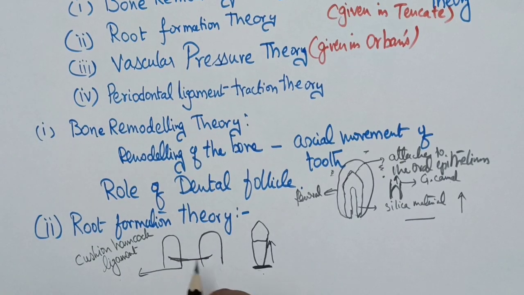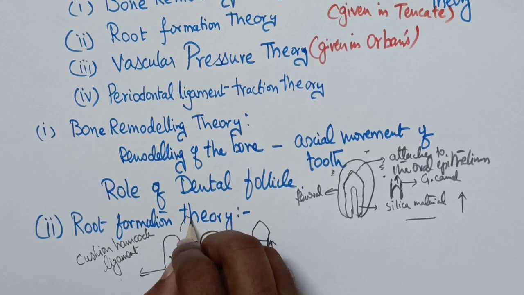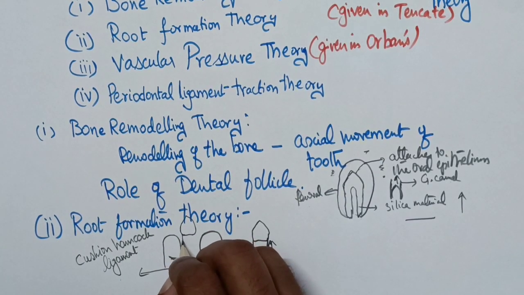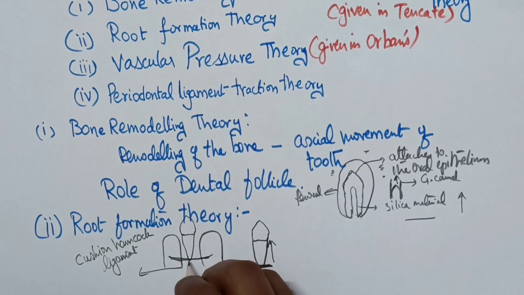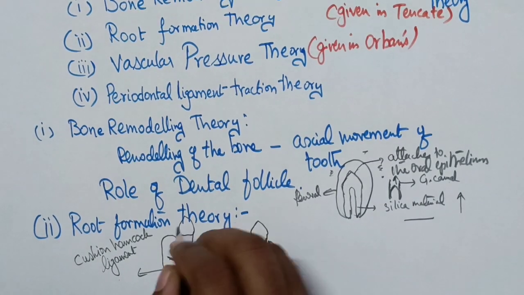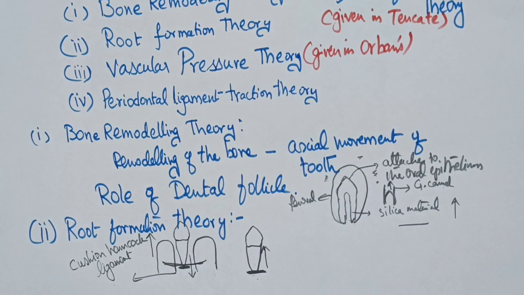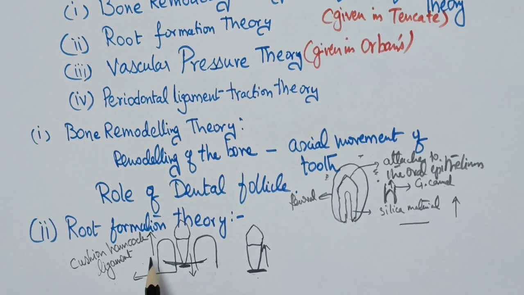From one end to another end it is attached. With the root elongating, the tooth will move and hit the base, and this causes forward movement of the tooth into the oral cavity. This also helps in tooth eruption.